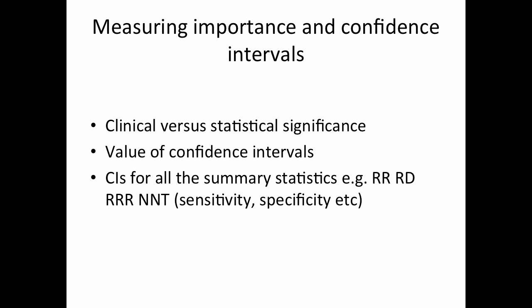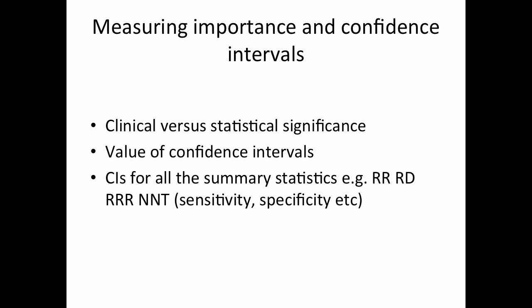So let's just recap what we mean. Clinical significance refers to the size of the effect. Statistical significance refers to how likely an effect could have arisen purely by chance alone. Confidence intervals can give us an idea of how precise the treatment effect is from a particular study.